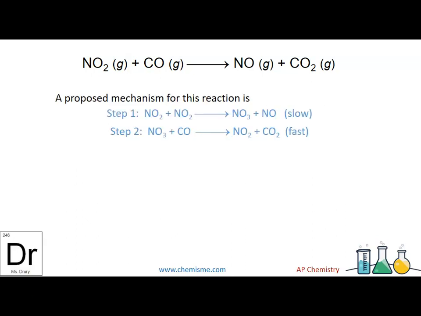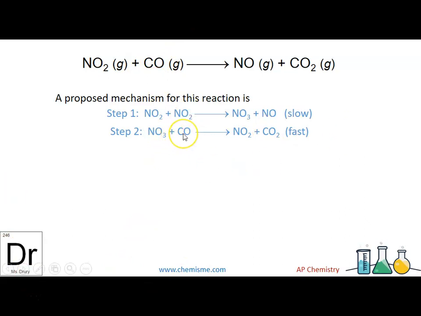So maybe the steps might have been something like this. Where there's one NO2, there are multiple NO2s, right? Because we probably have a mole of it. So maybe those NO2s collided first. They made NO3 and NO, which was a slow step. This is why it affected the rate. It's the rate determining step. And then the NO3, that intermediate, is what reacted with CO. And that was fast.